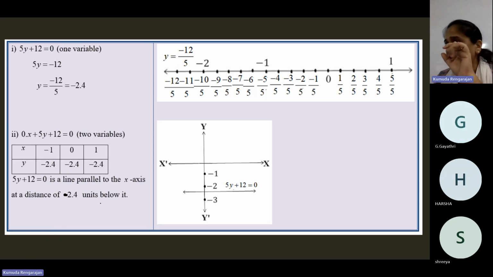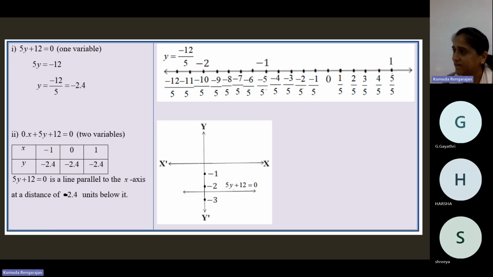When you use the plus and minus sign for the distance, you don't have to say above, below, left, right. But if they say a distance of minus 2.4 units, minus means below or left.